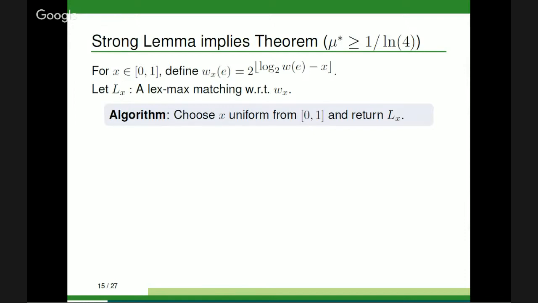If x is a little bit larger than 0, you could round it to maybe the next one. In any case, for every x between 0 and 1, you either round the weights to the largest power of 2 below it or to the second largest power of 2 below it. So essentially we're rounding to a power of 2, but in a clever way.